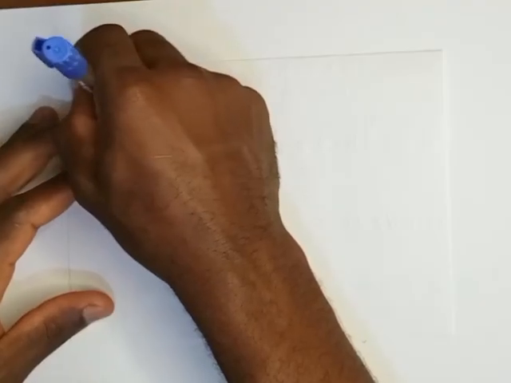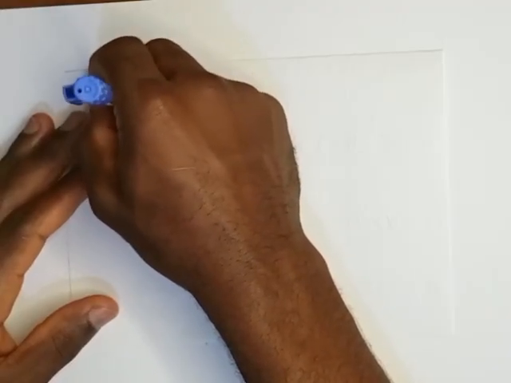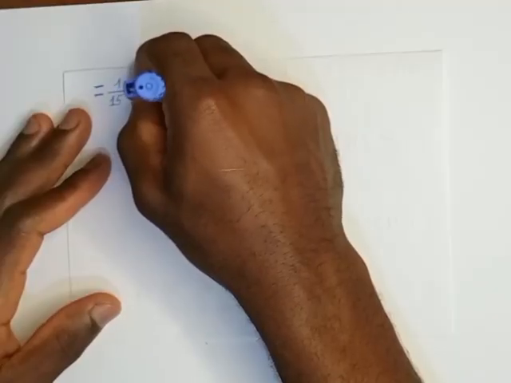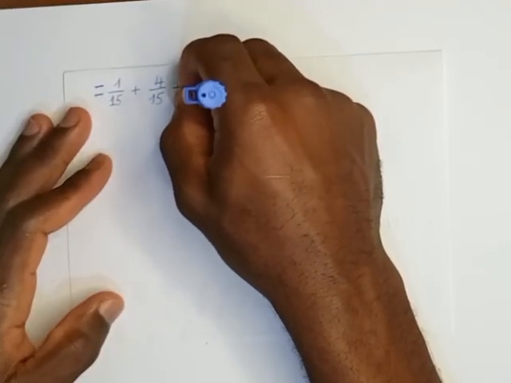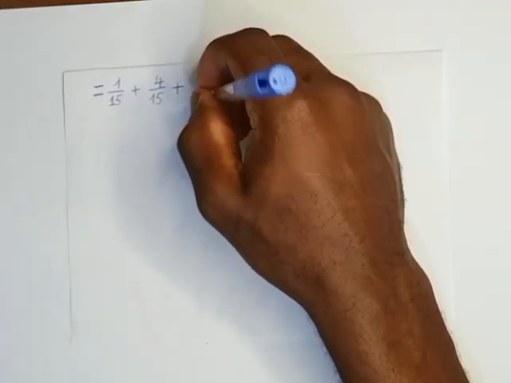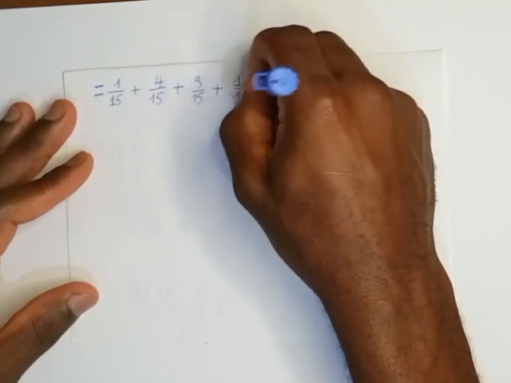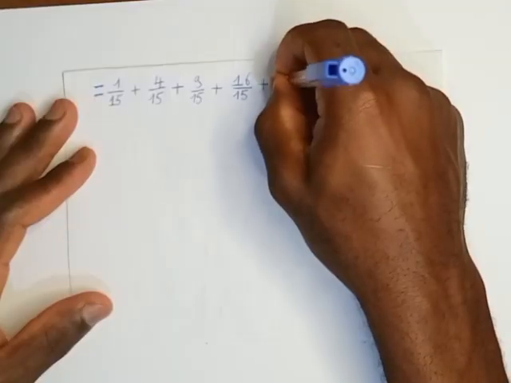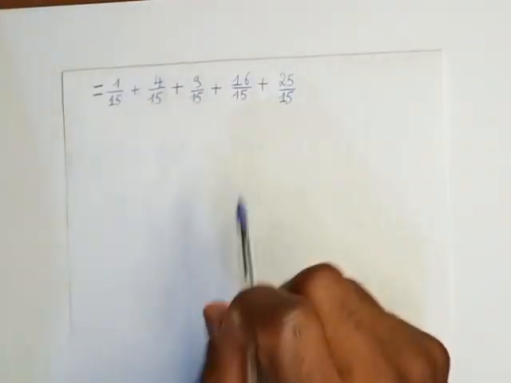This will simply be equal to 1 times 1 on 15 remains 1 on 15, plus 2 times 2 on 15 gives 4 on 15, plus 3 times 3 on 15 gives 9 on 15, plus 4 times 4 on 15 gives 16 over 15, plus 5 times 5 on 15 gives 25 on 15. If you perform this multiplication, you will obtain this.